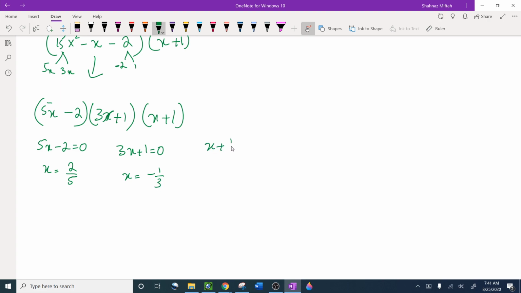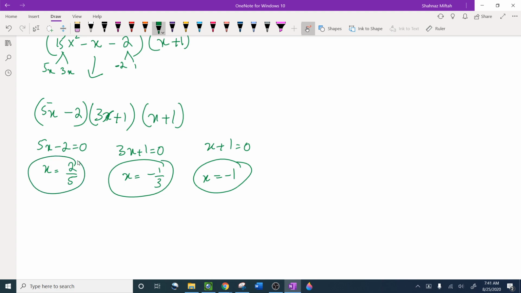And x plus 1 is going to give me x equal to negative 1. So what is the solution set? 1, 2, and 3. And you just put them in order: I have negative 1, negative 1/3, and then 2/5. And that's my solution set.